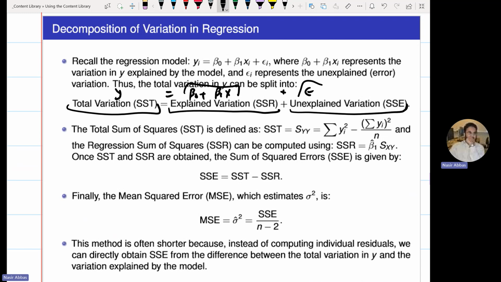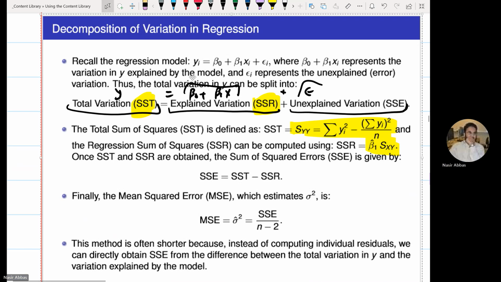The regression sum of square SSR is the variation which is explained by your regression, and SSE is the part which is not explained by your regression. Luckily, your formula sheet gives you the formulas for SST and for SSR, which is SST equals this thing and SSR equals this thing. So you can manipulate this equation to solve it for SSE using a shortcut method.